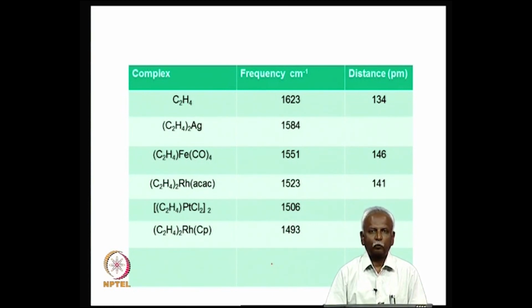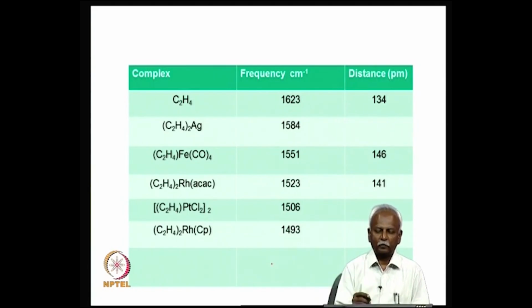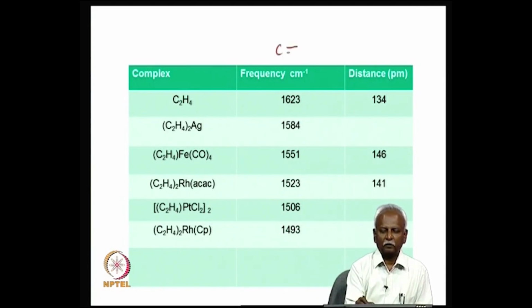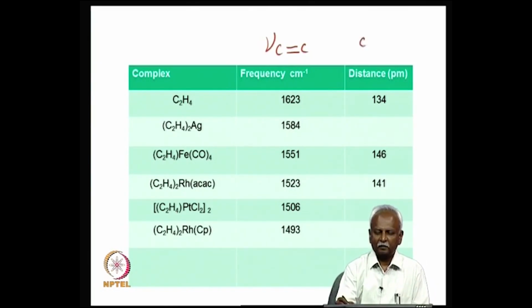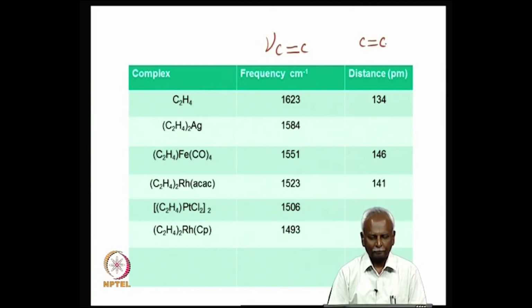So, you can see about 100 or less than 100 cm^-1 decrease in the carbon-carbon stretching frequency, nu CC, and this is the C double bond C distance that we are talking about here.